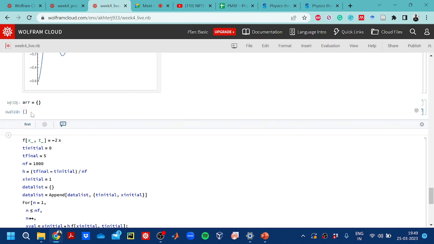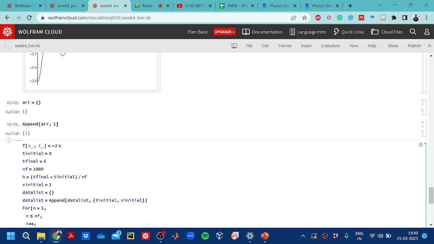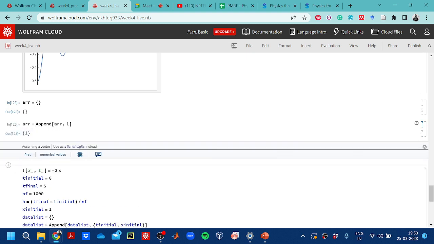This is our empty array. Now if we append here, so we are appending in the array. Suppose we append 1. You can see that this 1 is appended here.